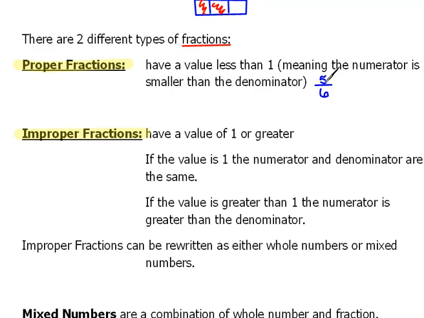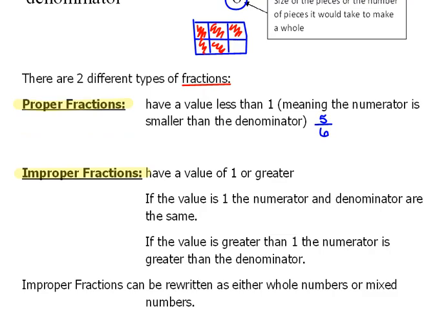It is truly a smaller part of the whole. Whenever I did the visual representation up here, 5 out of the 6 pieces was not the entire rectangle that I drew. It's just a portion of it. So a fraction whose numerator is smaller than the denominator is called a proper fraction.